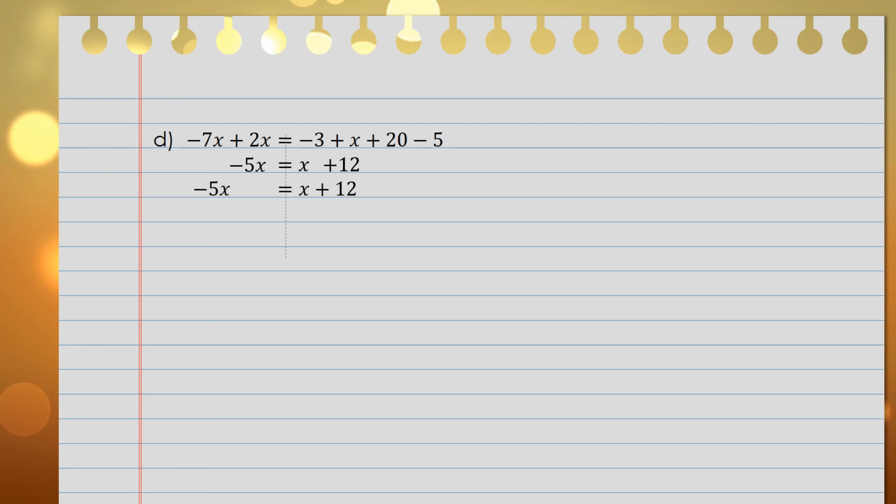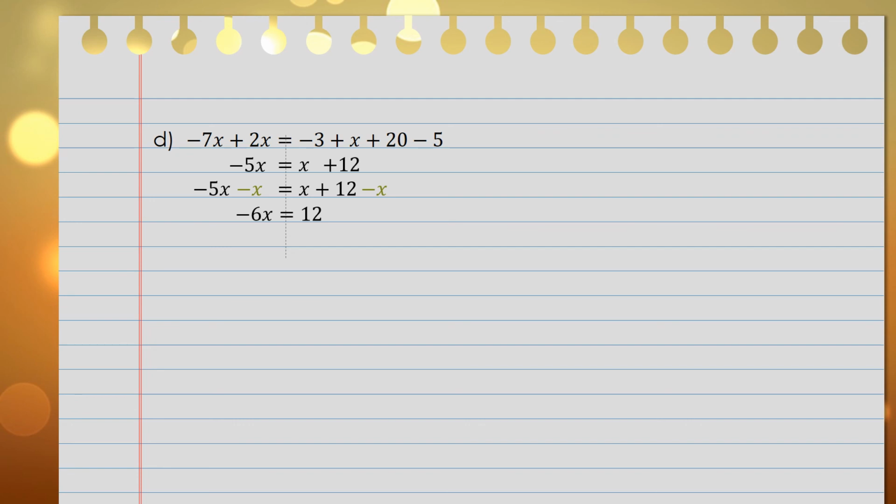So how do you undo a positive x? You have a negative x, which means you subtract it, as long as what you do on one side, you must do to the other side. And so from here we see negative 5x minus x can combine to give you negative 6x, and on the right side we're left with the 12.